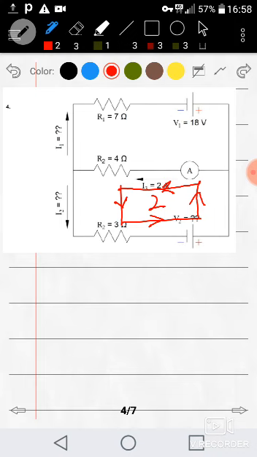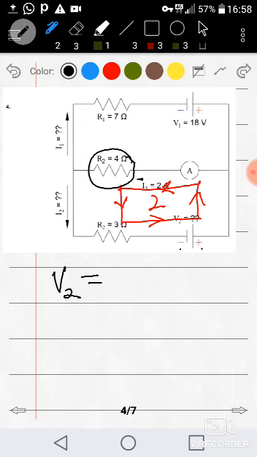So for loop 2, the total EMF is V2. Since it is from negative to positive, that is what the direction of the loop is showing us. Then V2 is positive, equal to total potential drops. We have this one, 4 ohms, and I3. So also positive, because the loop is in the same direction as the current.